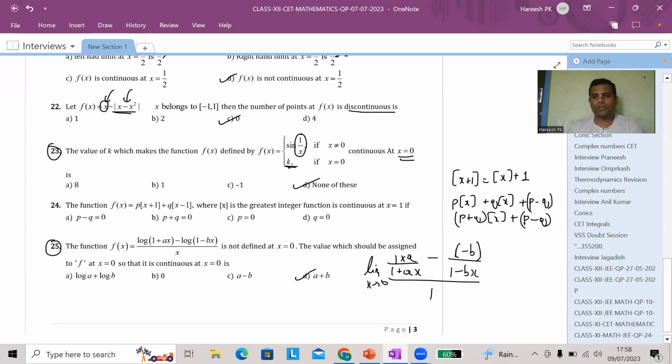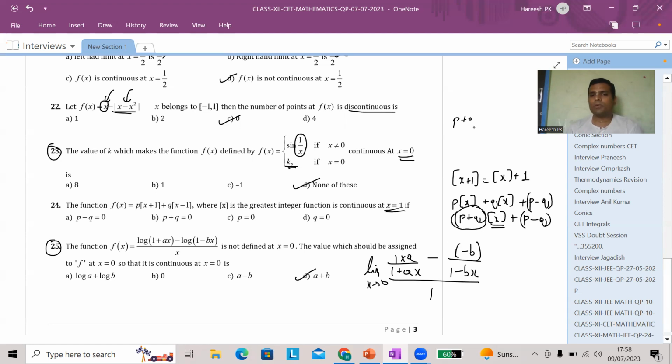Now how do we proceed? This is the important step. We know that the greatest integer function has discontinuity at all integers. That means at x equal to 1, it cannot be continuous. But if I want it to be continuous, then this entire term must be 0, so that 0 into a discontinuous function becomes a continuous function.